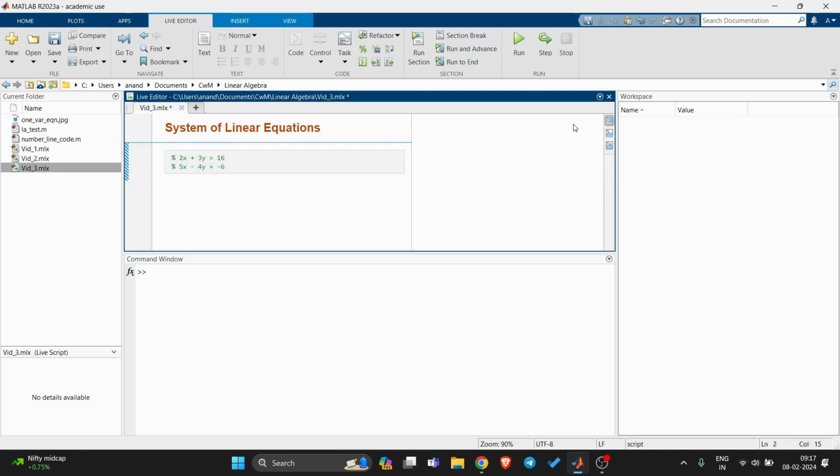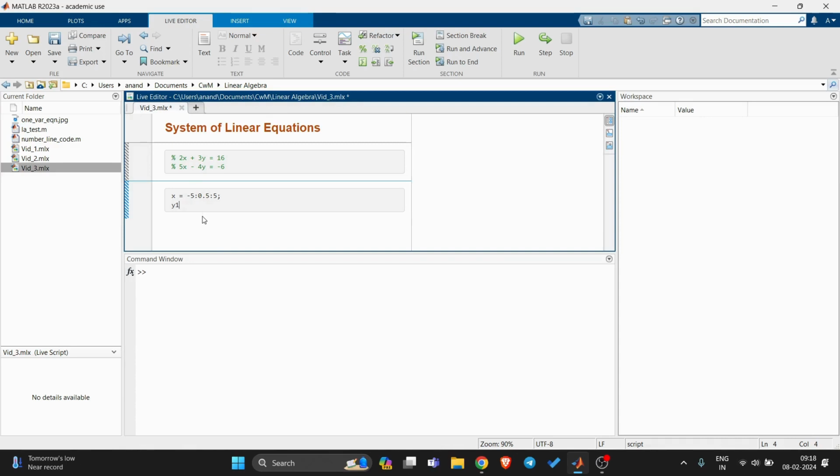Let's first use the colon operator to create a vector of x values over which to plot lines. So x is equal to minus 5 colon 0.5 colon 5. So we have our x inputs. Now let's solve for y from both equations.